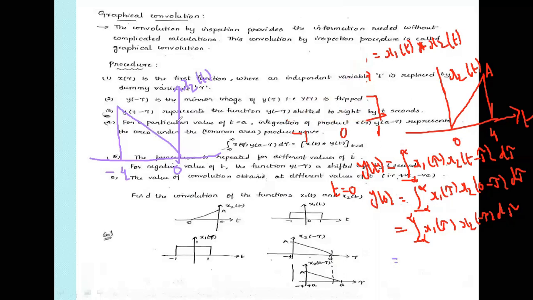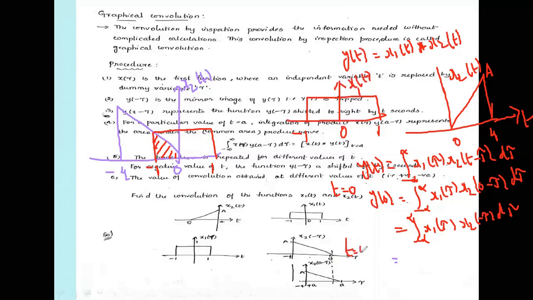Let us draw -1 to 1. Okay, here this part is overlap. So -1 to 0. Again, you can shift to t is equal to 1.